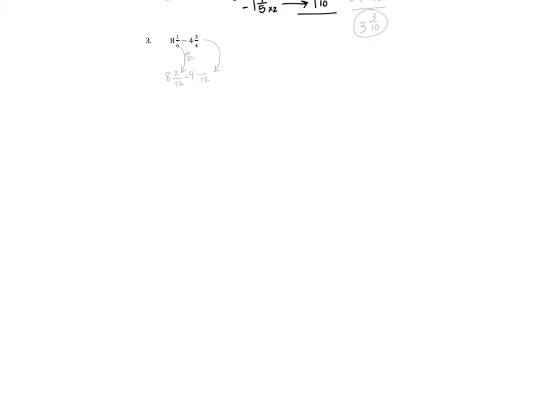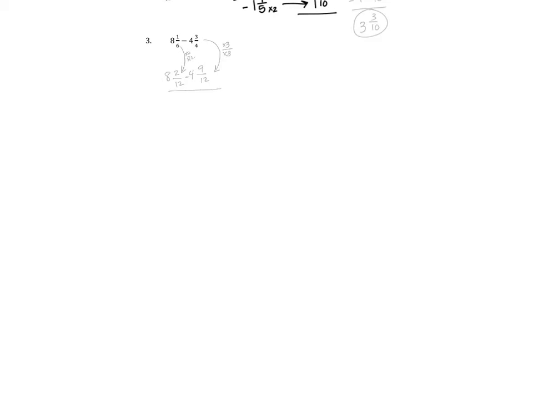So the 1/6 would become 2 twelfths, and on this next one, I need to multiply by a 3 in the denominator to get the 4 up to twelfths, so I need to do the same thing in the numerator. So this would become 4 and 9/12.